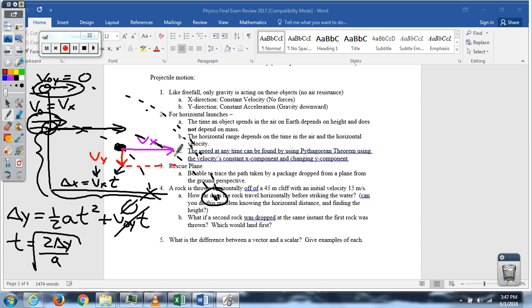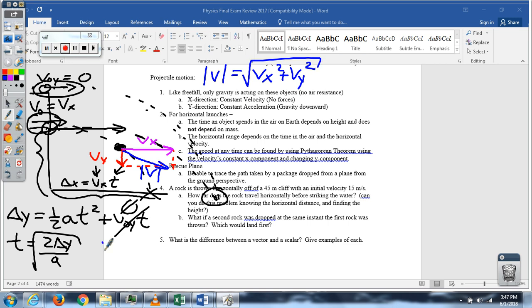To find the speed, you find the resultant. I'll put absolute value bars over those, and so the actual speed is the square root of Vx squared plus Vy squared. Vx is the same number that you had at the beginning.